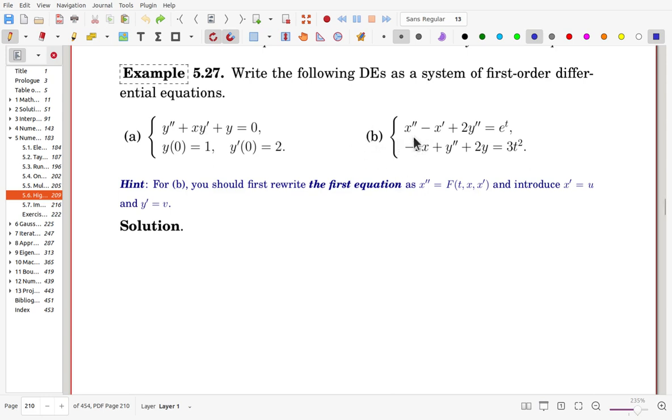Now it is involving the second derivative of x and the second derivative of y, so we may later on introduce x prime is u here and y prime is v, so that eventually it can be expressed as a system of four differential equations. But first we'll try to eliminate this y double prime from these equations.